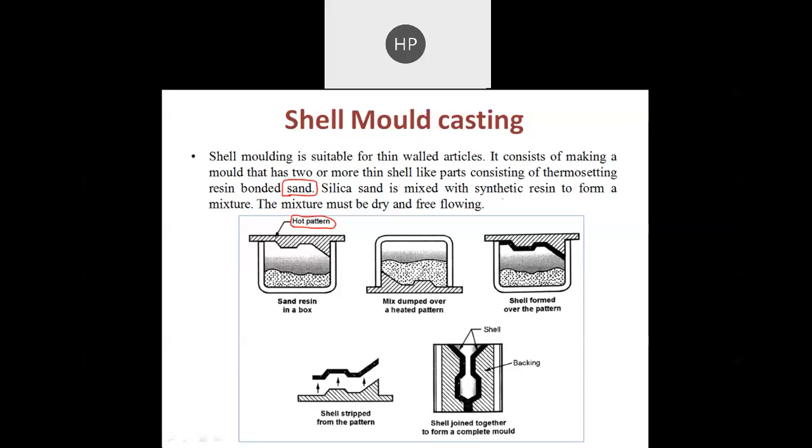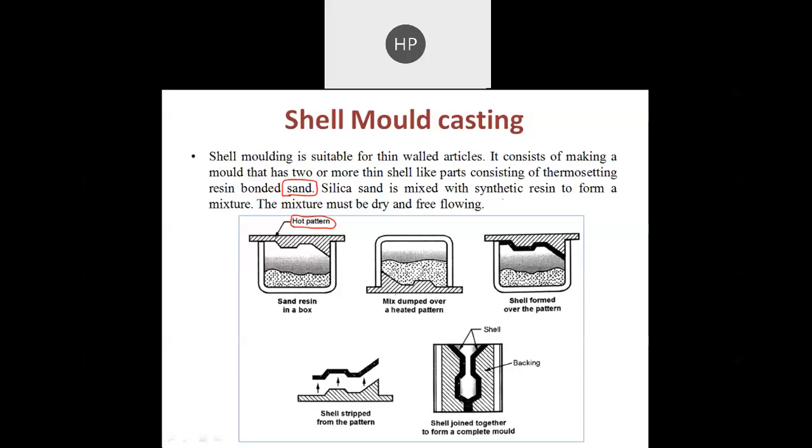We cannot use a wood pattern, we cannot use a plastic or wax pattern, because they are not capable of transferring the heat, or their shape may change, or the pattern may be destroyed when we heat it. That's why in cell mold casting we have to use a metal pattern. Okay, so it is one important thing.